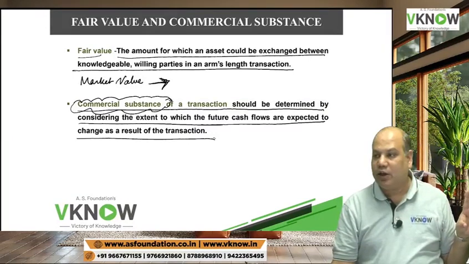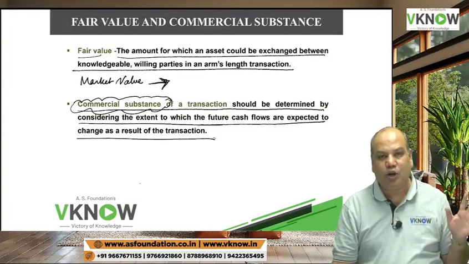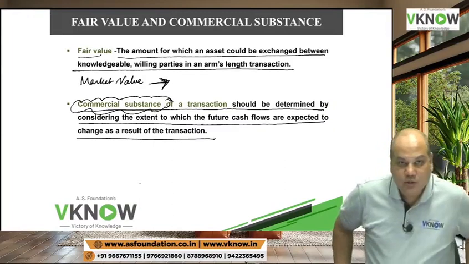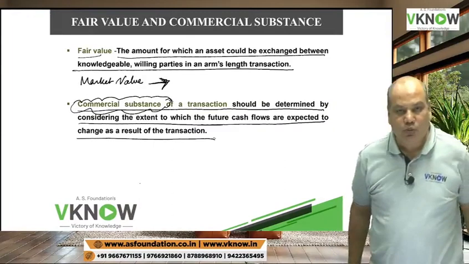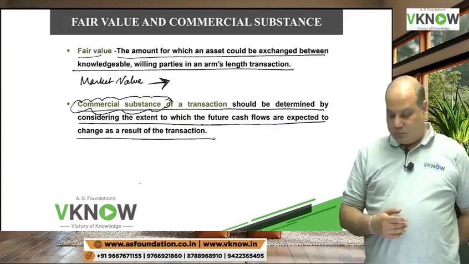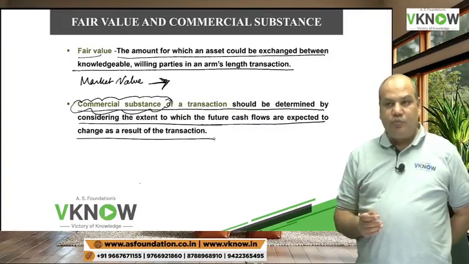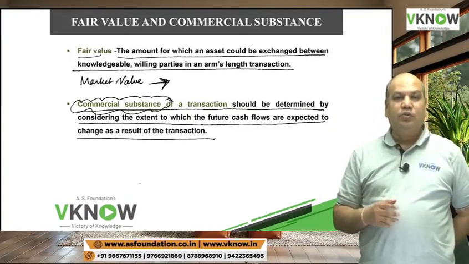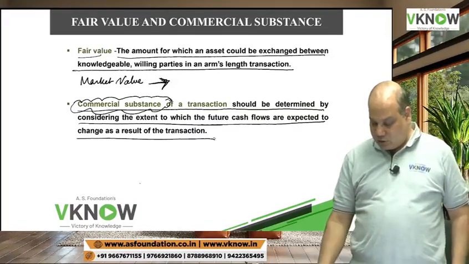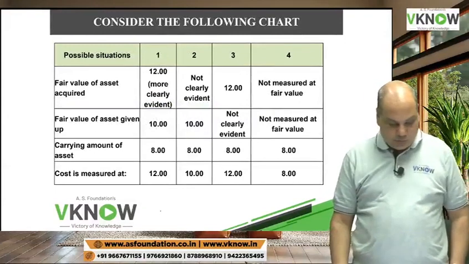If I take an Activa and give an Activa of the same model, no difference, it means my future cash flow will not be affected. But if I give a laptop and get a scooter, this will affect my future cash flow, and then I will say the transaction has commercial substance.